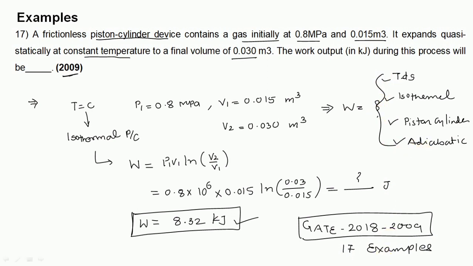Okay? So this is my analysis. So you can understand the importance of the theory. If you know the theory very well, you can easily complete your exam, or you can easily calculate your thermodynamics questions in very little time.